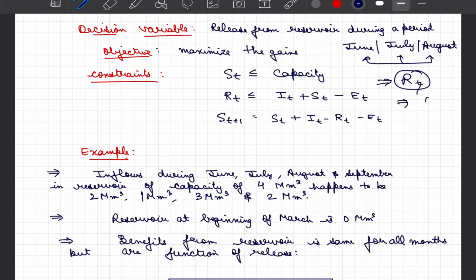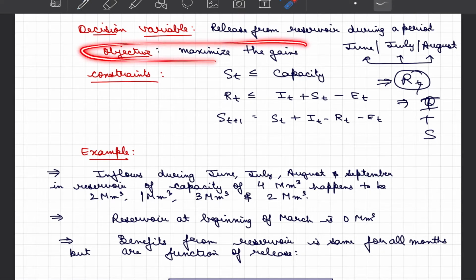Also, release depends upon how much water is present, which is the total amount of I and S, which we have already spoken about. Our objective in this case is to maximize the gains, because we have built a reservoir as a water resource management project, and in hindsight the reason we have built these reservoirs is to maximize gains.